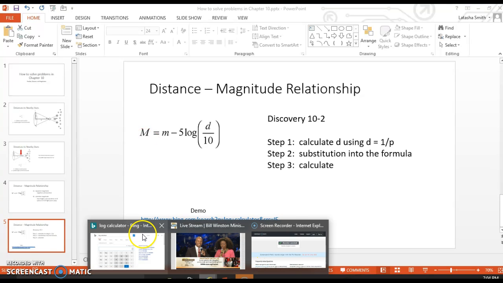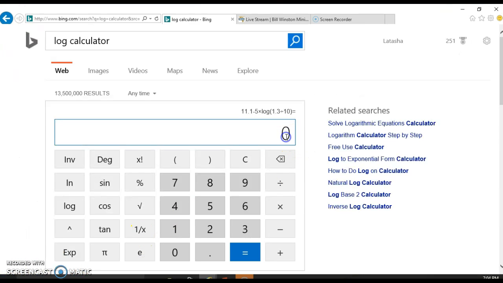If we go back to the log calculator, notice how I put everything in. 11.1, minus, 5, then click log. Your calculator should immediately bring up the parentheses. If it doesn't, you can just click the parentheses.